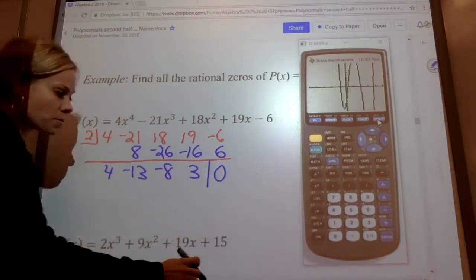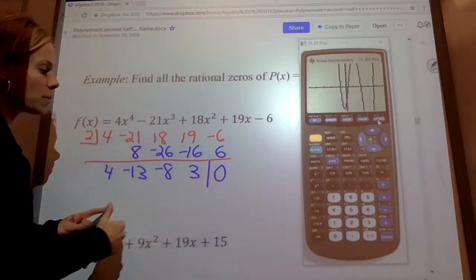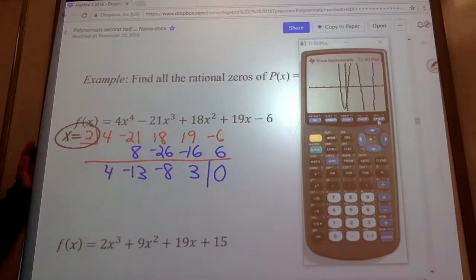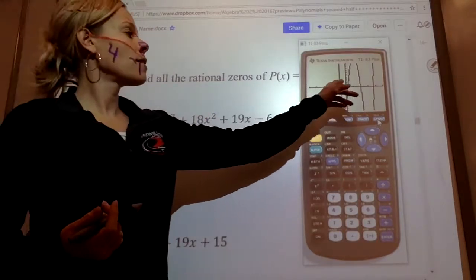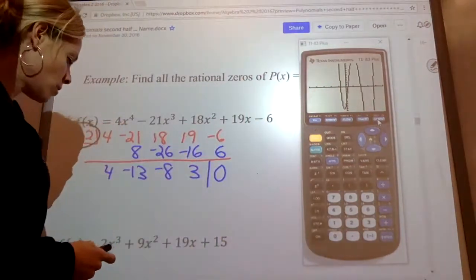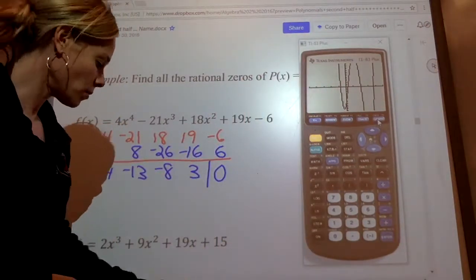Okay, so that's a big thing right there, because 0 as a remainder means, yep, 2 is a root. We have an answer, but we need 3 more. And if I look back at this graph, there's nothing else I can do synthetic division with. Okay, so that's when I move to p over q.